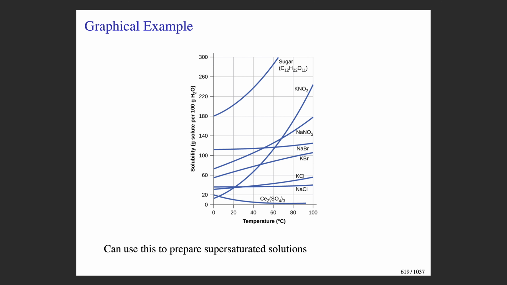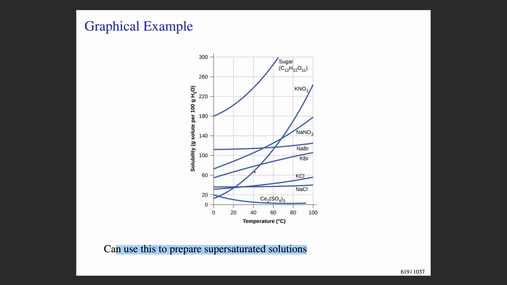You can use this temperature effect as a strategy for preparing supersaturated solutions. Let's suppose you wanted to make a supersaturated solution of potassium nitrate at 40 degrees. At 40 degrees, the solubility of potassium nitrate is somewhere like 65, maybe 70.